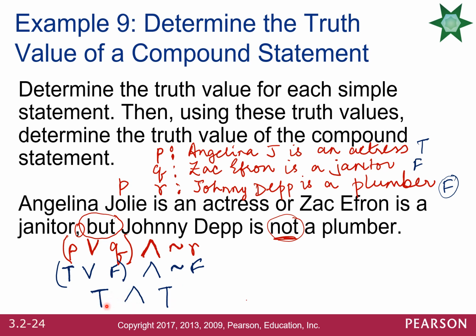And we know that if both statements are true, then in the and statement, it resolves to a T. So the final result of this entire statement, which says Angelina Jolie is an actress or Zac Efron is a janitor, but Johnny Depp is not a plumber, is a true statement.